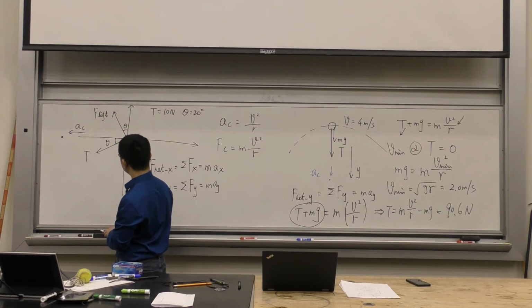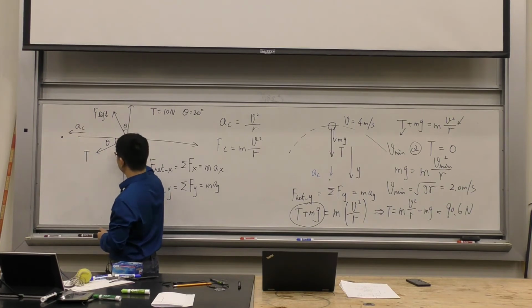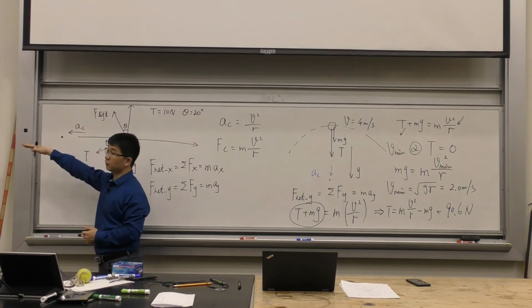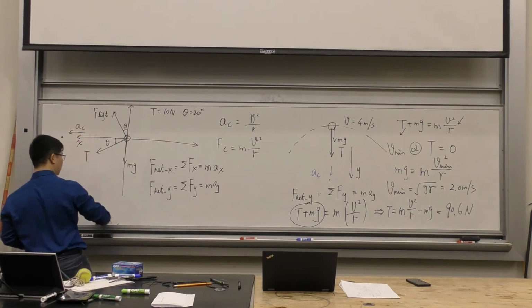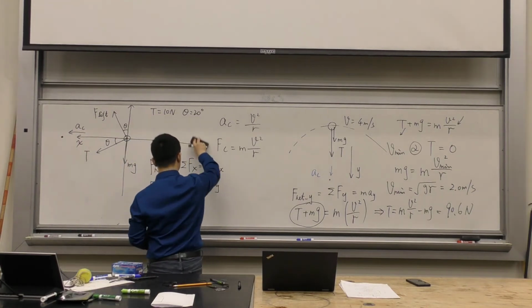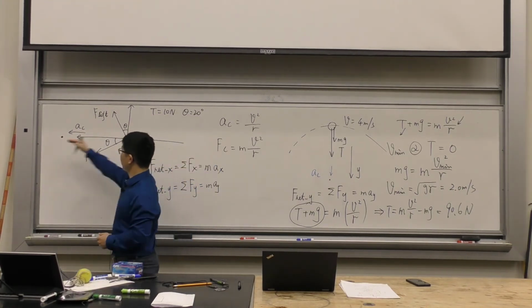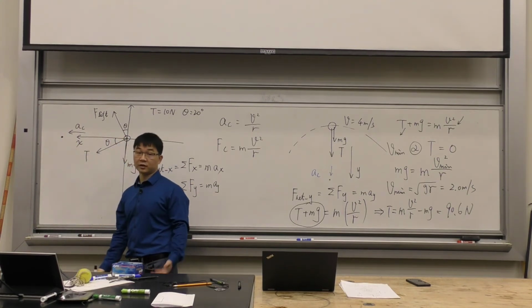If I break these two forces, in x direction I will have two x components that way. I would also have the acceleration that way. Why don't we call this x direction? I don't like negative numbers. I know a lot of people are afraid of negative numbers. So let's just make that x, so everything is going to become positive in x direction.